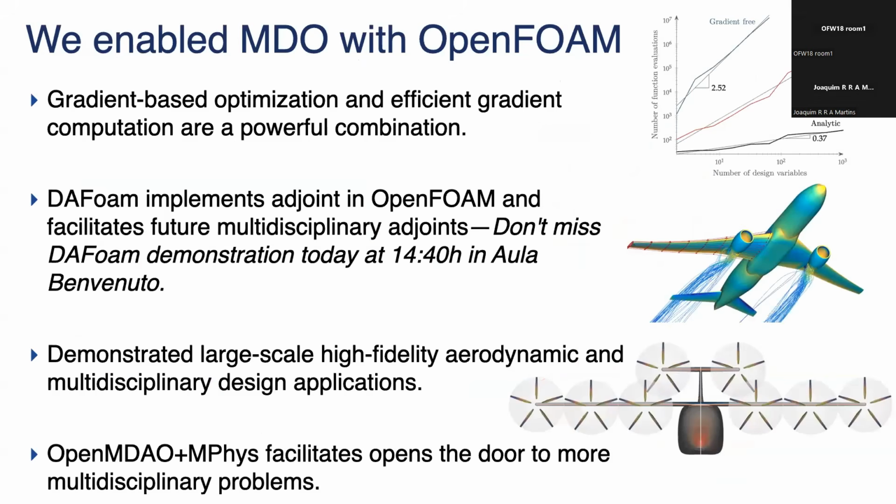So in a nutshell, the message I want to put across is that we enabled MDO, multidisciplinary design optimization, in OpenFOAM, okay? Made this a reality and made it practical enough that you can use it. And the key is really combining gradient-based numerical optimization with efficient computation of gradients using the adjoint method. That's the key. And there's no other hope to handle a larger number of design variables, right?